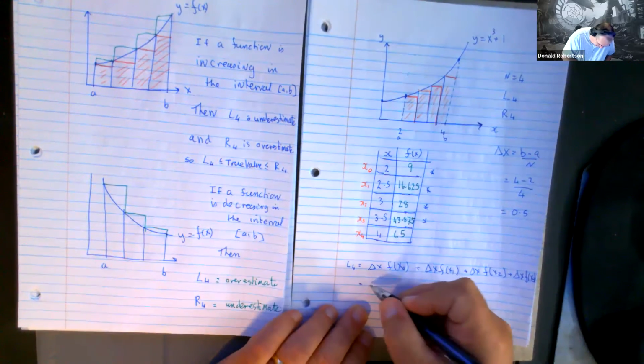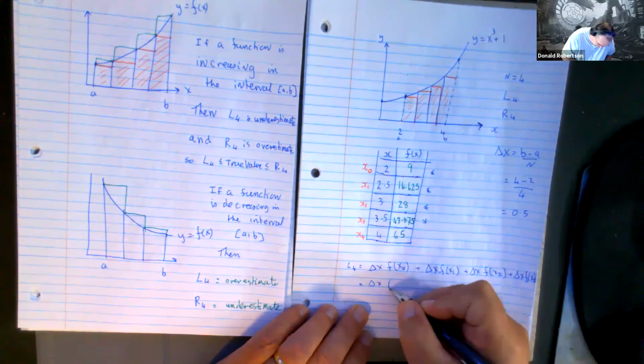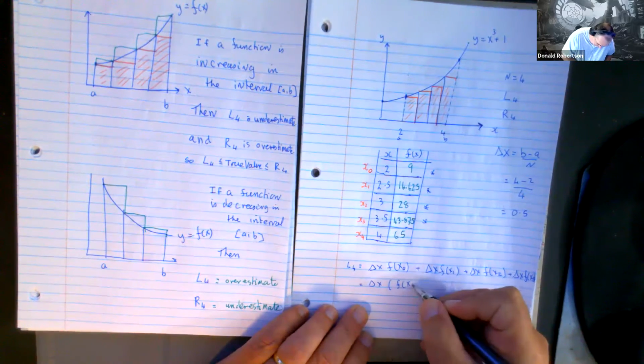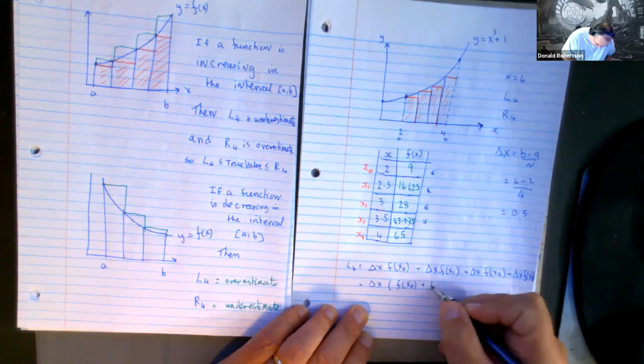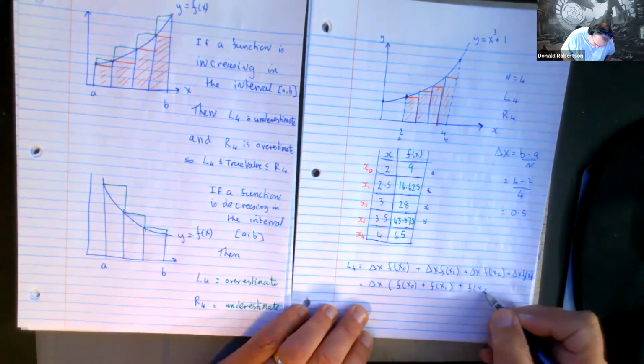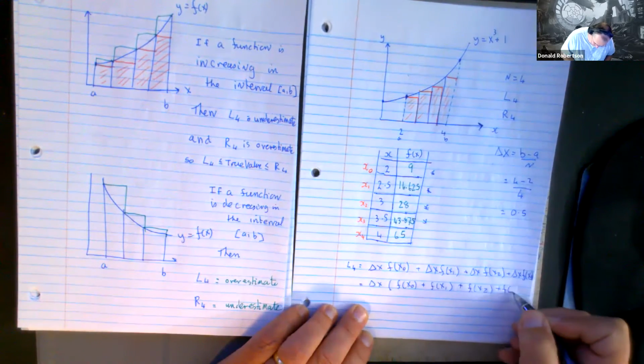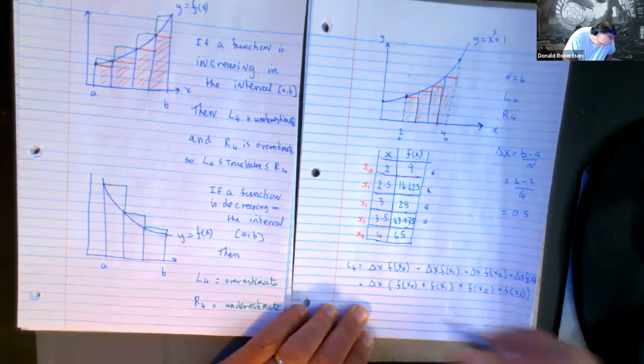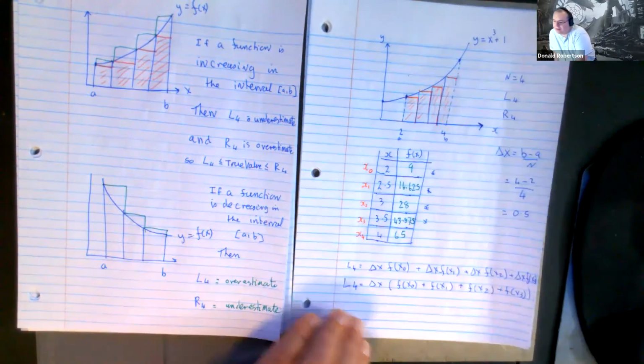And then I can pull out the delta x, and we'd have this. So if you like, this is the formula for finding L4, isn't it?